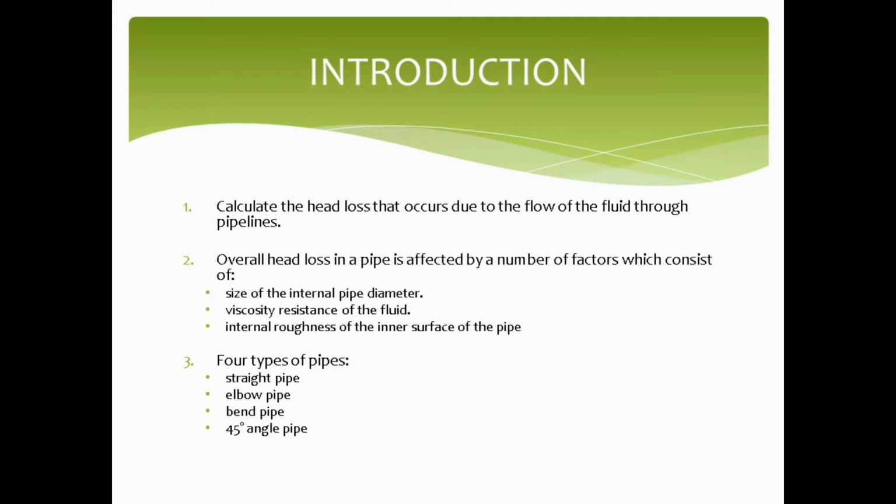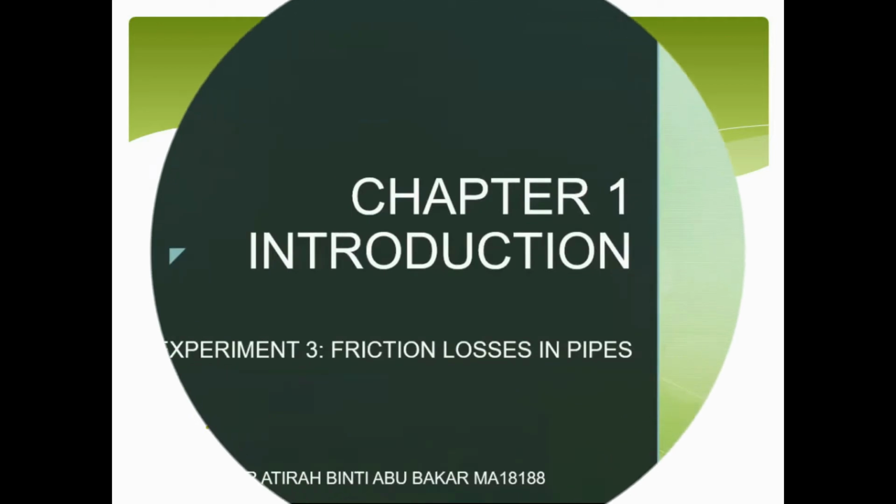We are going to use four types of pipes, which are straight pipe, elbow pipe, bend pipe, and 45-degree angle pipe. Considering the Darcy-Weisbach friction factor, the velocity of flow in pipe, diameter of pipe, and length of pipe, we will obtain the result of head loss that is due to the friction in those pipes.